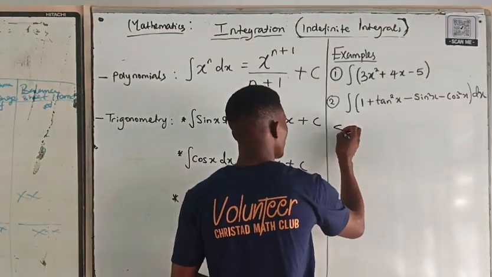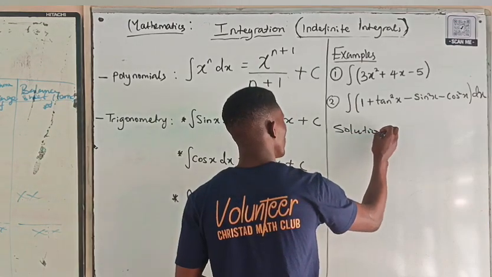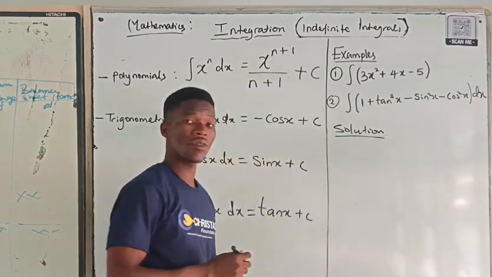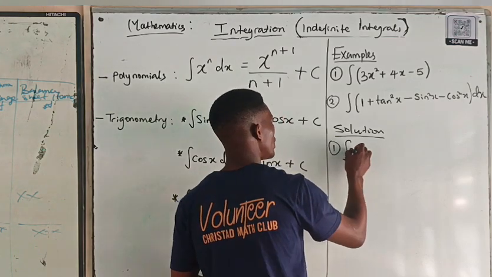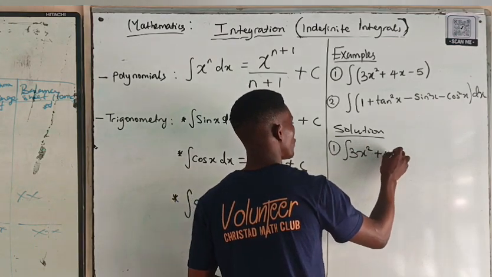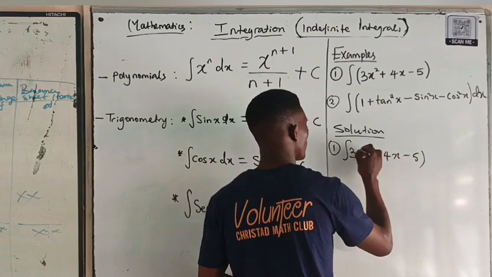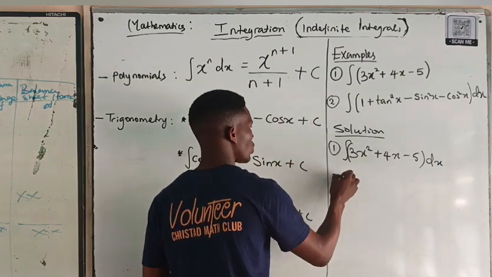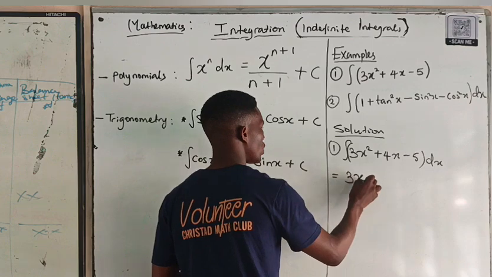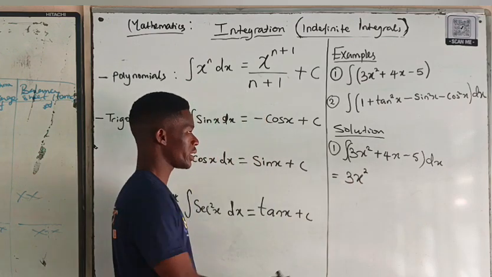So the solution to these examples here. The first one, we have the integral of 3x squared plus 4x minus 5 with respect to x. Now this equals, we have 3x squared. Now the power of x here is 2.